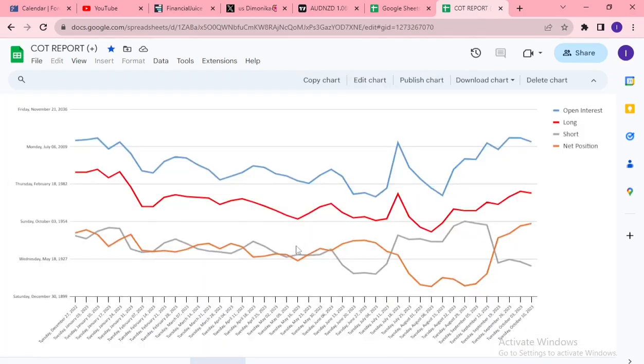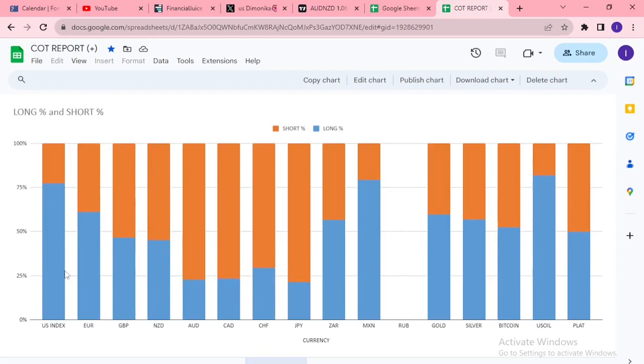Now looking at the trend line, you can see how the USD is moving. It's moving upward. It shows the strength of USD. Looking at the bar chart, the US index gives us a long or buying position of 77.3%, while it has a short of 20.7%.